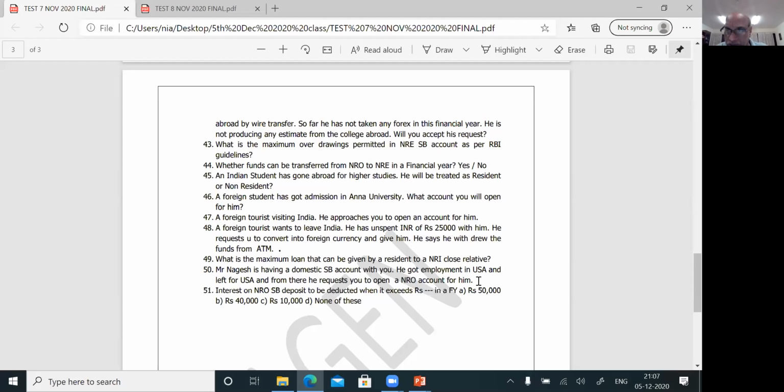When a person has left India and has got the status of NRI, all his local accounts, that is local SB, local FDR, local KDR, etc., are to be converted into NRO SB, NRO KDR, NRO FDR if you come to know. If you come to know that this person is NRI, all those domestic accounts are to be converted into NRO because interest earned on NRO is subject to tax.